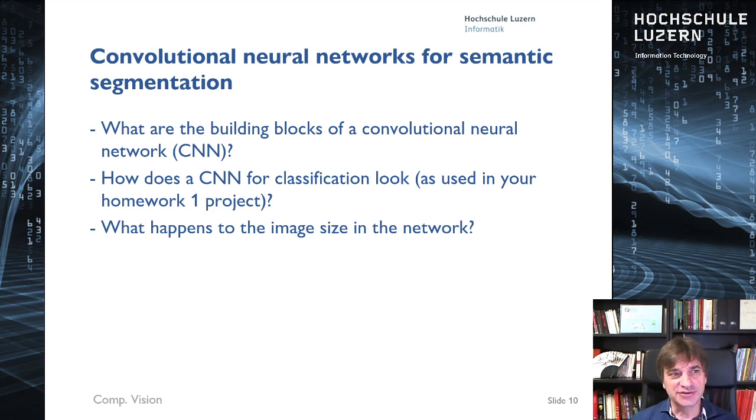Filters, yes. So your building blocks were filters. These were convolutional layers. Exactly. This is one part of the convolutional neural network. Are there only convolutional layers in such a network, or are there also other layers in the network? And what happens to the image when you use those convolutional layers on the image?